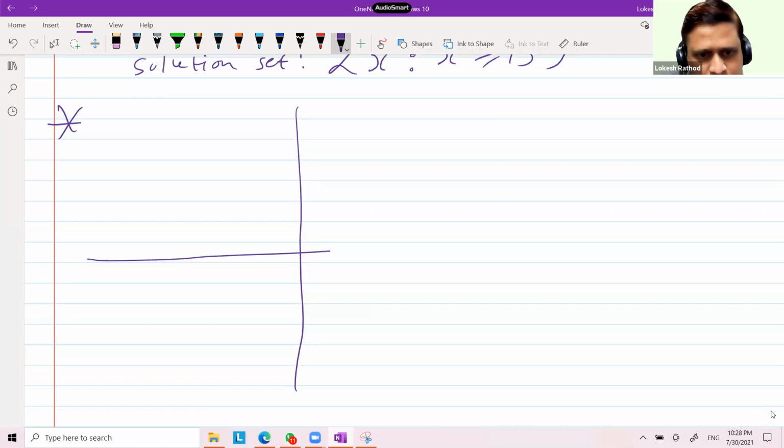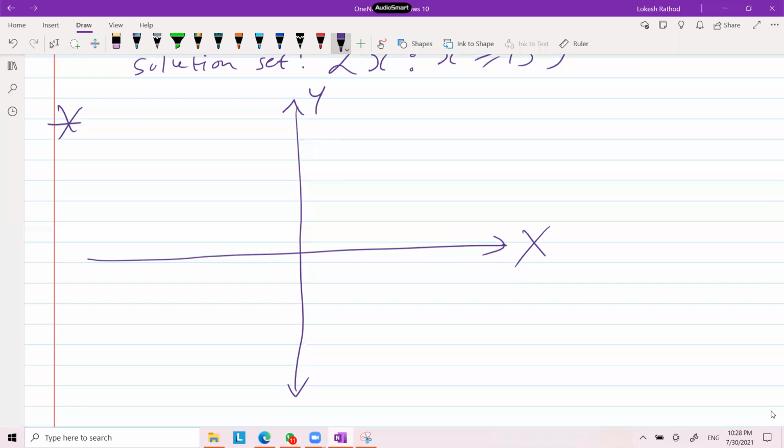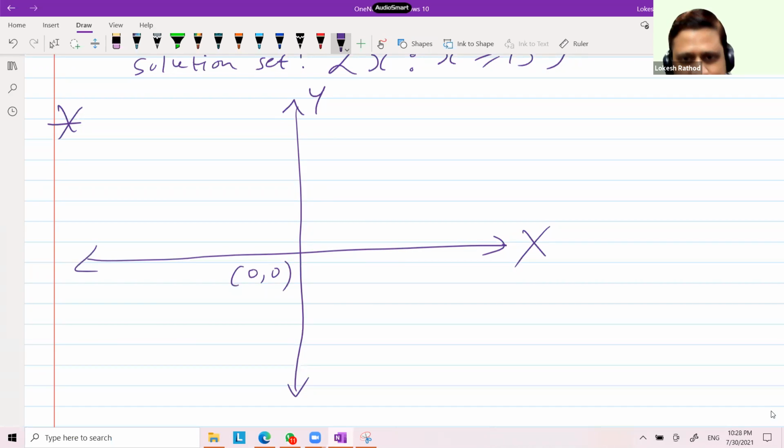Say this is the x-axis, this is the y-axis, correct? This is the origin. When I'm writing something like this, the first number is the x coordinate and the second number is the y coordinate.